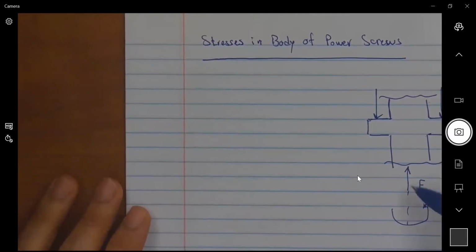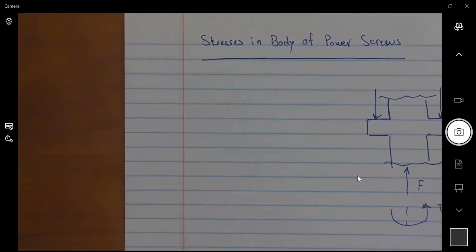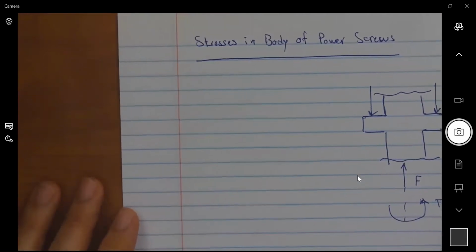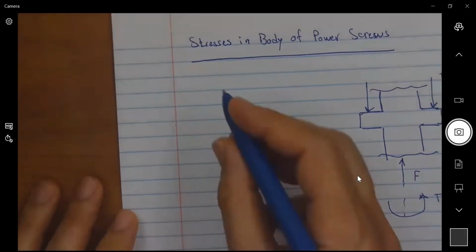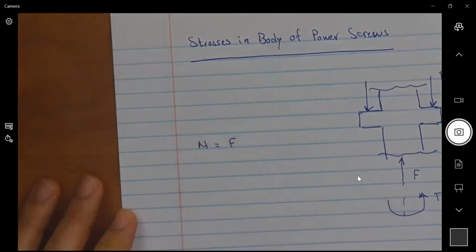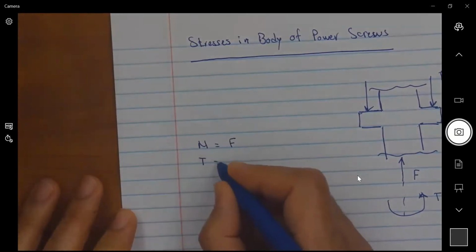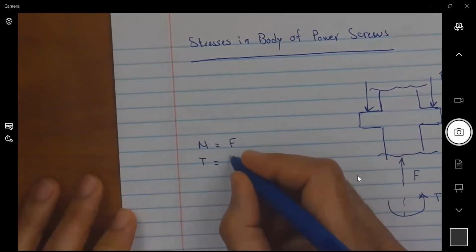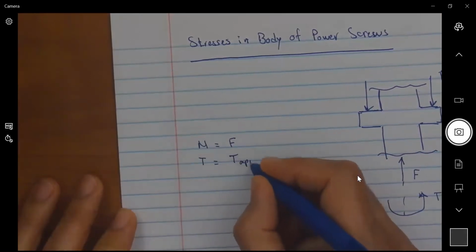So I have here two internal forces, a normal force represented by F and a torque, because this torque is being resisted and supported. So we have this internal torque. As a result of these internal forces, I have here a normal force that is equal to F, and I have a T that is going to be equal to the applied torque.